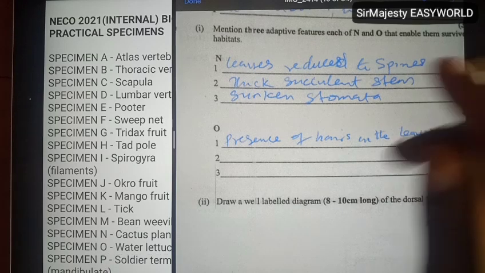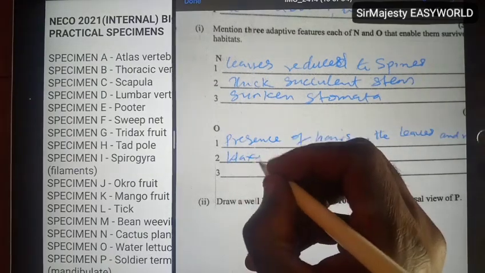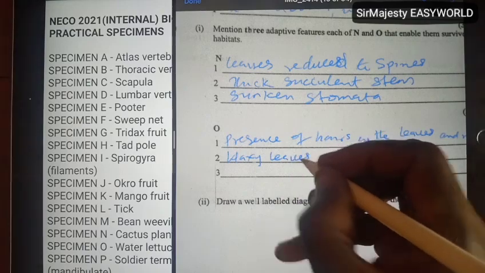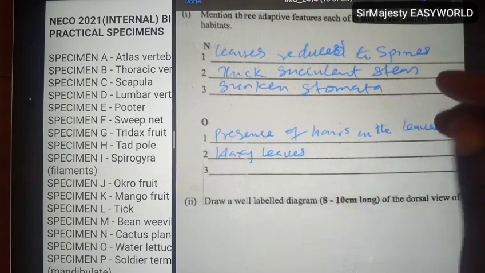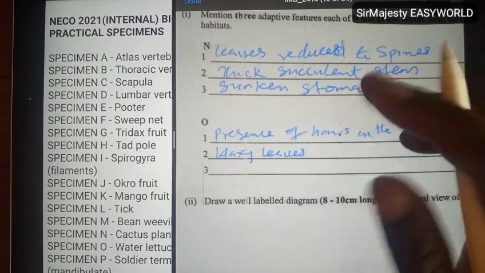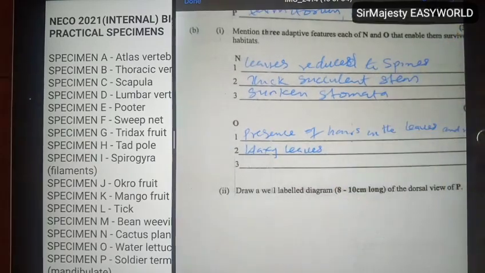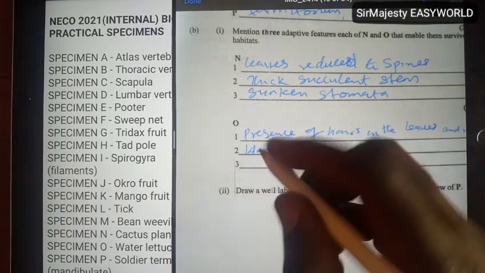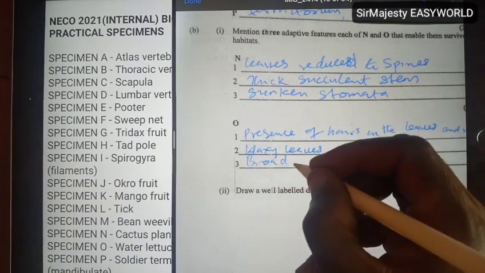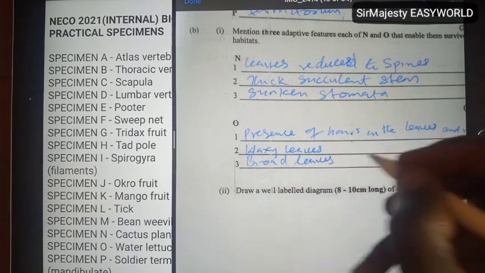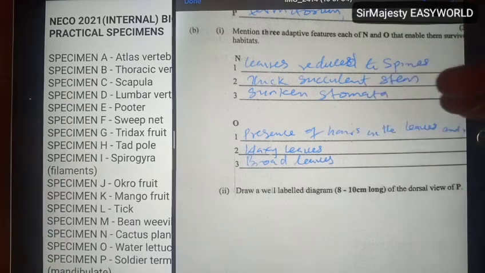Then the leaves are waxy, water repellent, so that water can easily fall off. Then number 3, let's be logical here, it has broad leaves with numerous stomata to ensure effective transpiration. You know it suffers excess water because it's in water, so it adapts a means of effective transpiration.